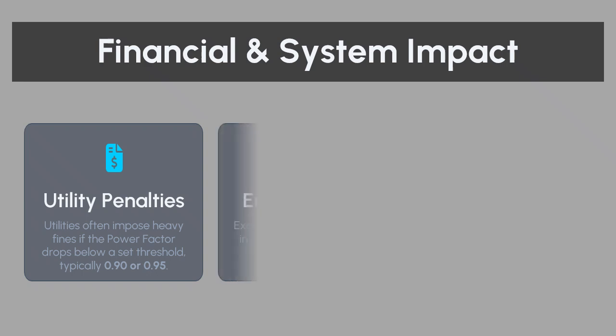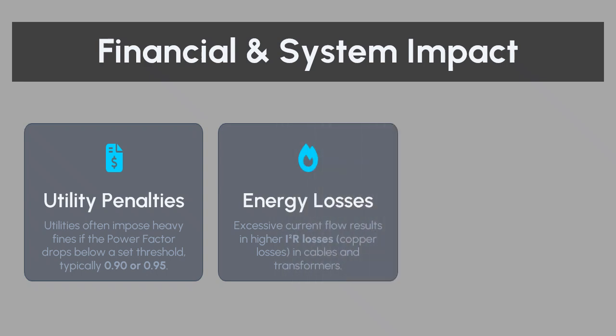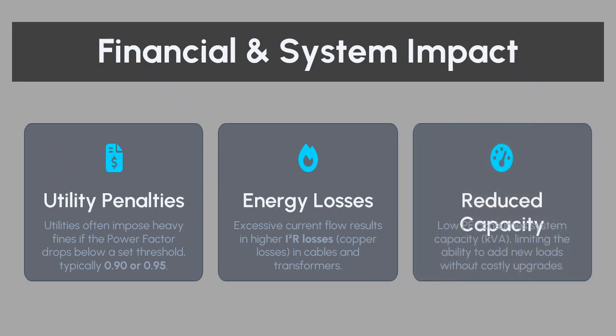Second, the elevated current translates directly into excessive I²R losses, or copper losses, wasting energy as heat across your entire wiring network. And finally, a poor PF limits your available system capacity, potentially delaying or preventing you from adding new machinery without expensive transformer or cable upgrades.